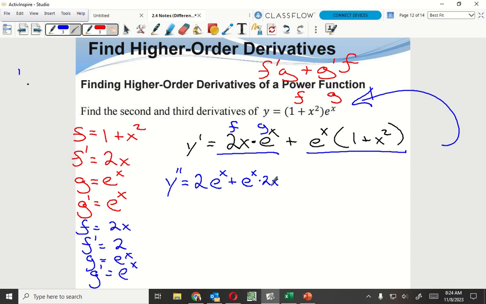But now, plus, what is the derivative of just this piece right here? Didn't we already do that once? We already did this once, because it's the same as what my first derivative is, right? So this piece right here just so happened to be the exact same as my y, and so my y prime is going to give me the same thing that I did right here. So the y prime, which would be 2x times e to the x plus e to the x, quantity 1 plus x squared.